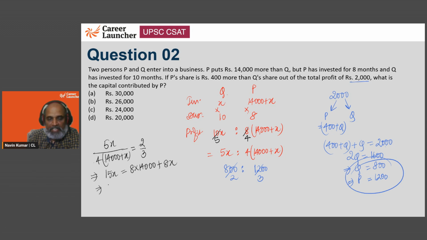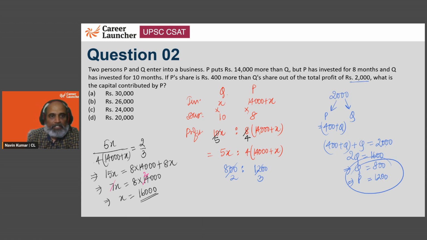If we bring all the x on the same side, we'll get 7x is equal to 8 into 14,000. From here, we will get the value of x as 7 gets cancelled out with 14. So 8 into 2, 16,000.